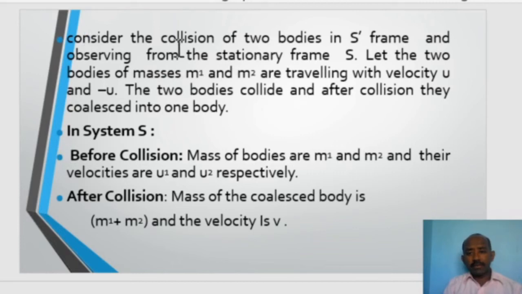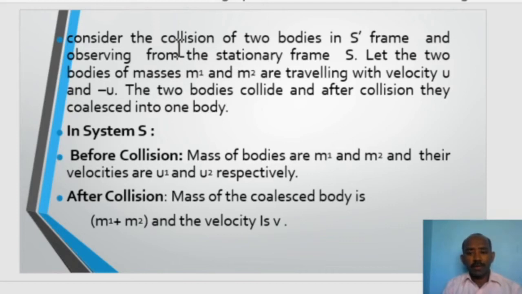So consider the collision of the two bodies in the S dash frame, and we are observing from the stationary frame S. Let the two bodies of masses m1 and m2 be traveling with velocities u and minus u.